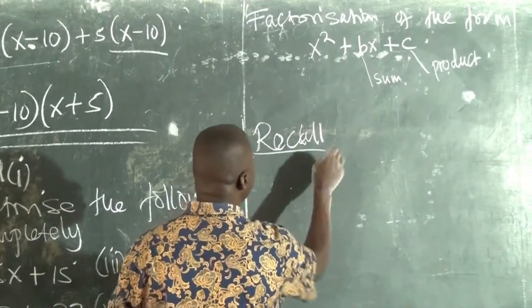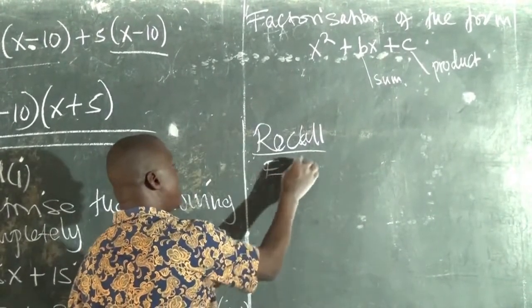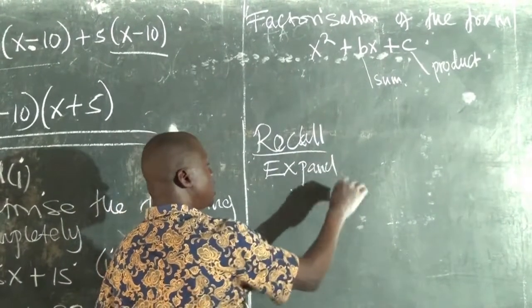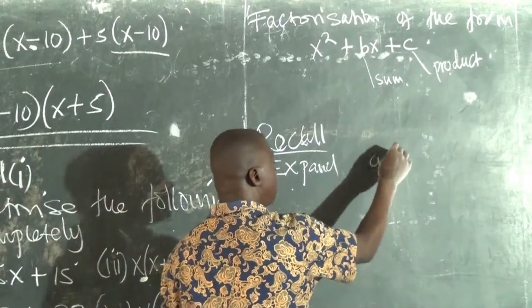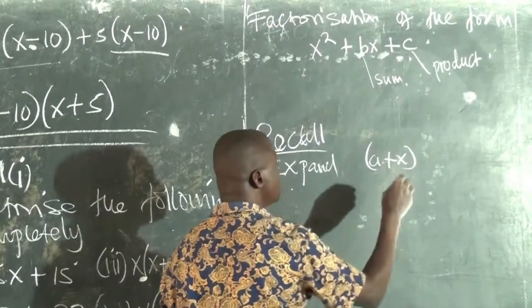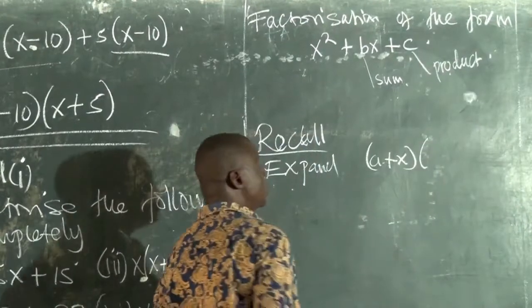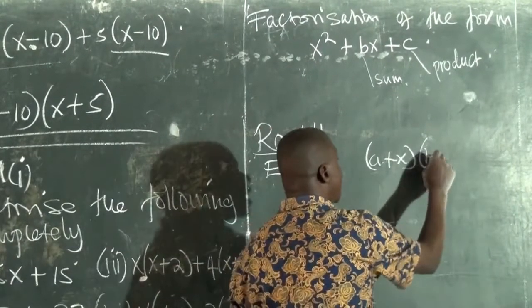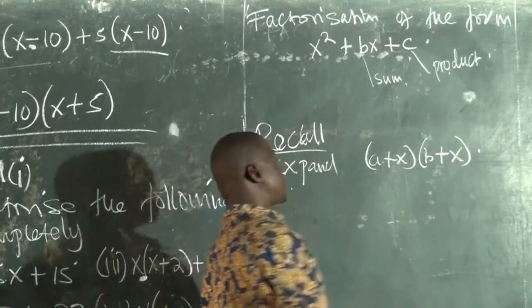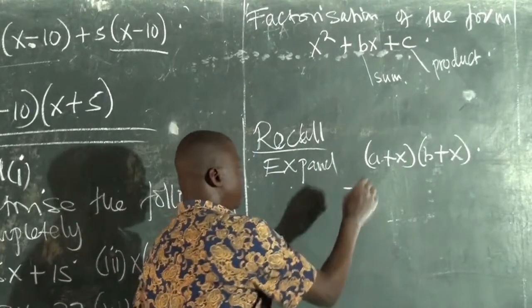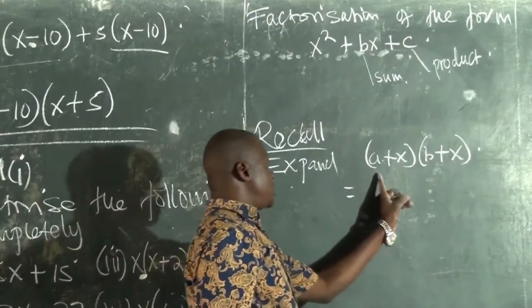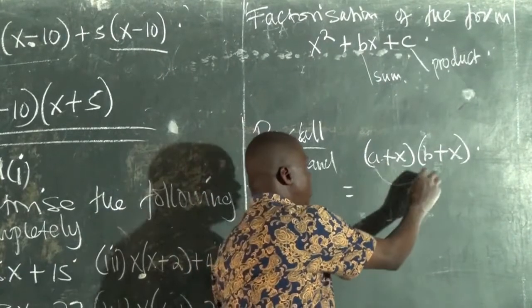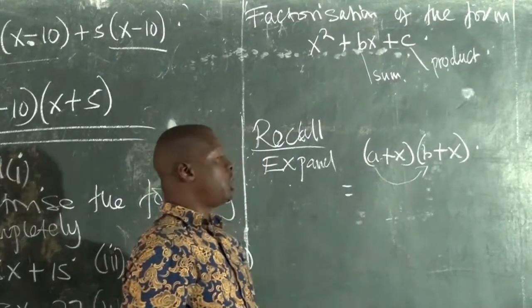Let us recall. We can say expand a plus x into b plus x. For this case, the element in the first bracket affects the element in the second bracket.